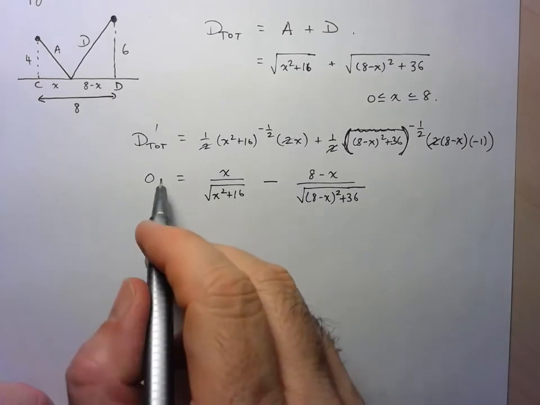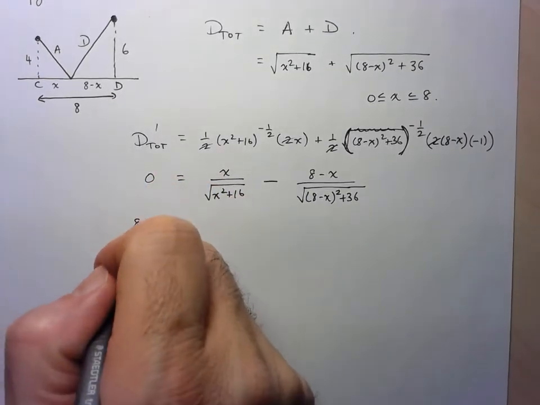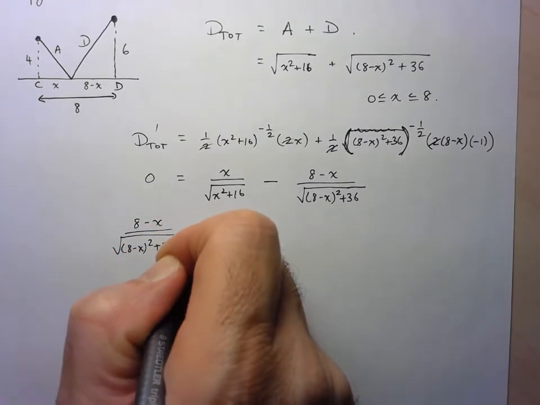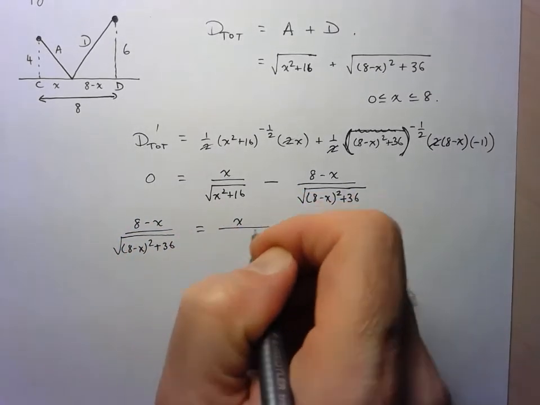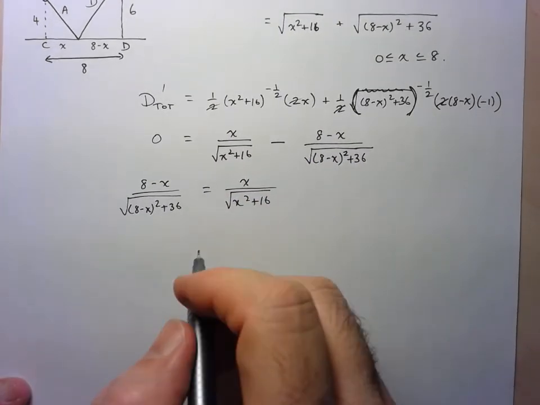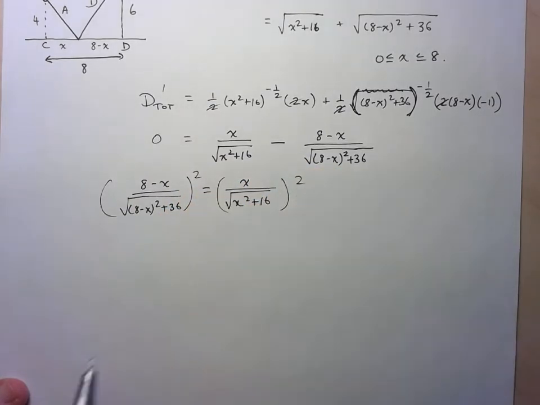So I'll bring that to the other side, make it positive. So we have (8 minus x) over square root of (8 minus x) squared plus 36 equals x over square root of x squared plus 16. And now I'm just going to square both sides. Okay, and that'll get rid of the square root.